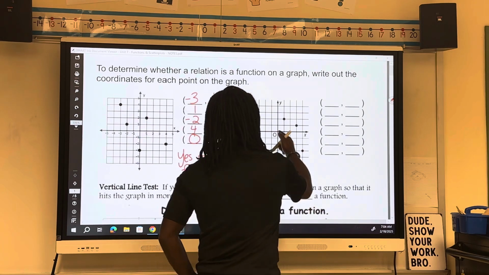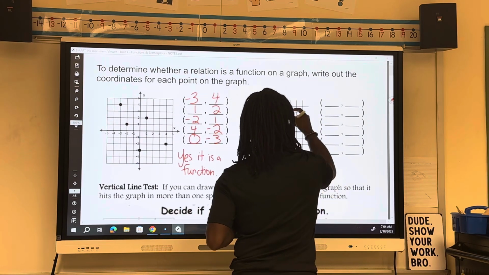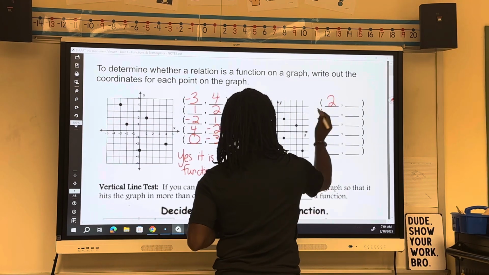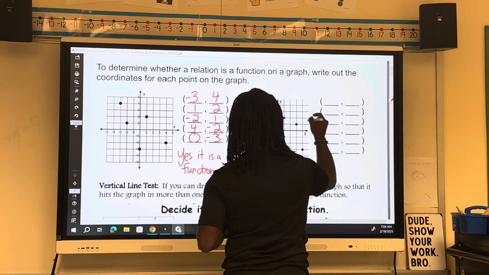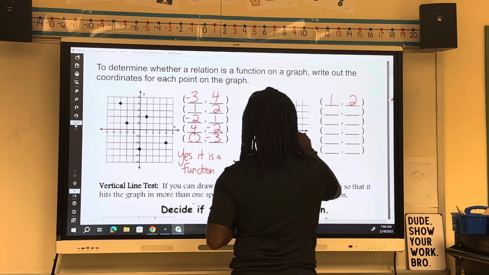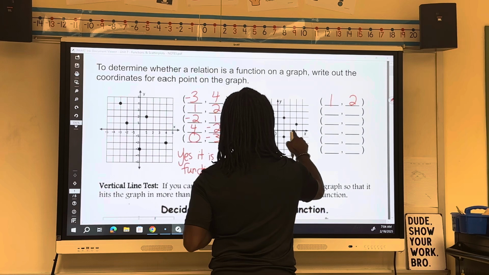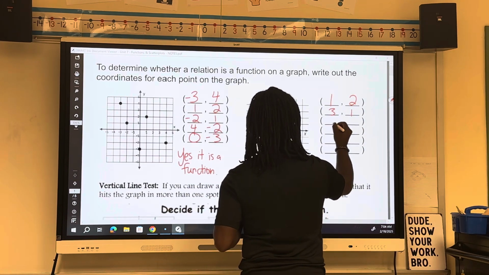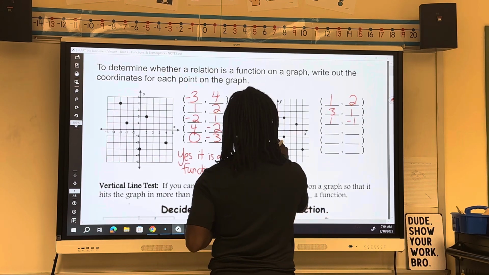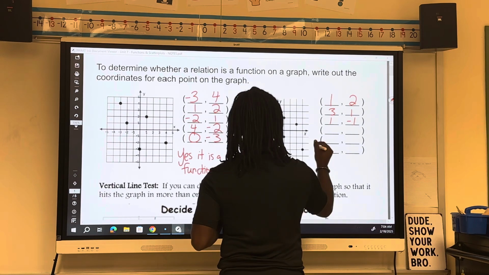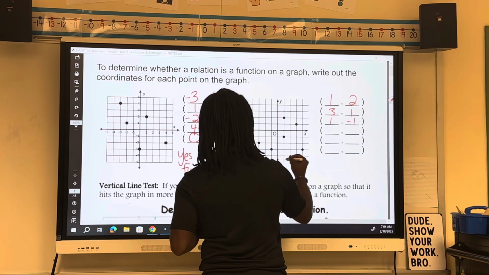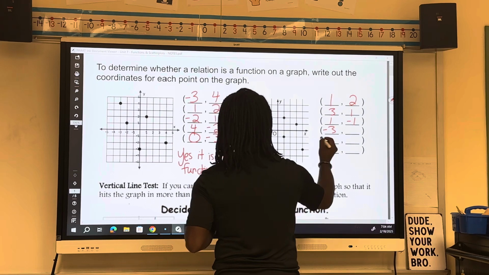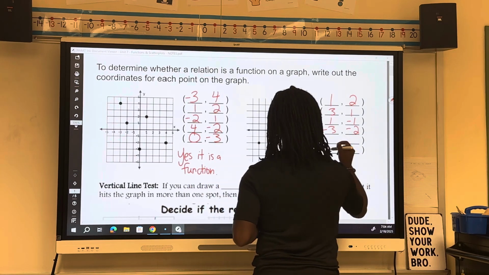All right, so we got (1, 2). Then we got (3, 1). Then we got (1, -1). Then we got (-3, -2).